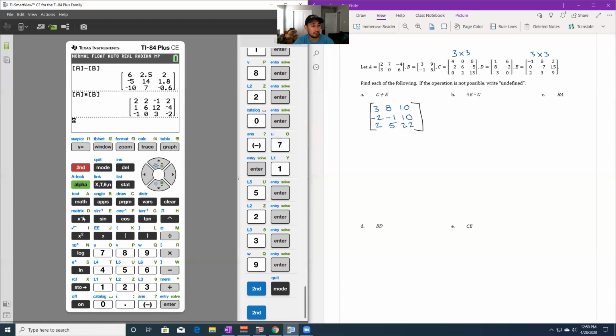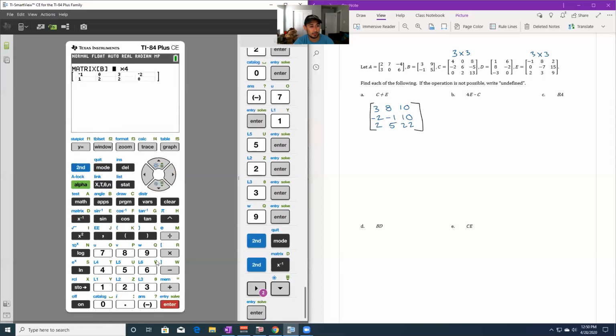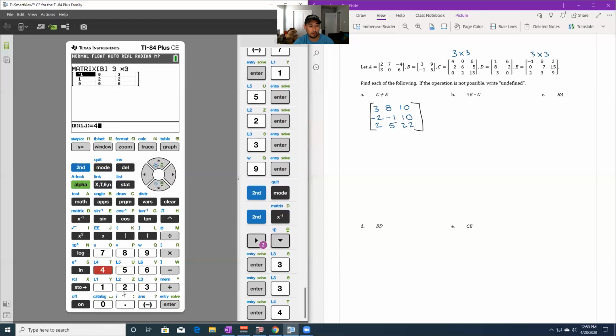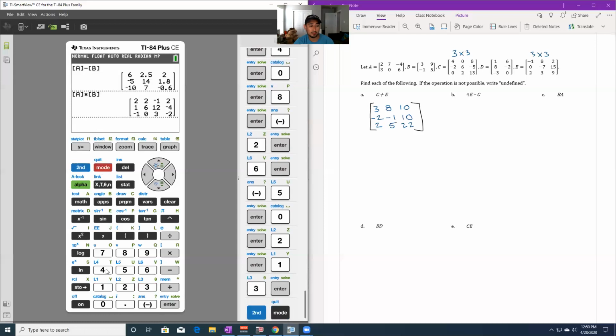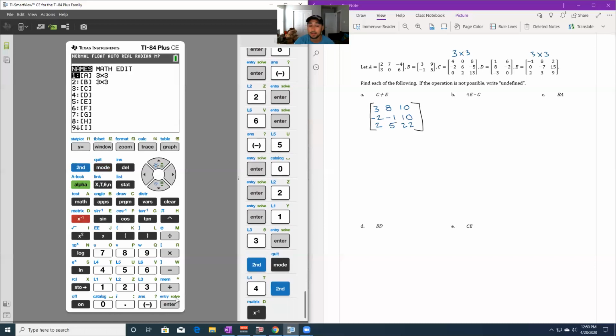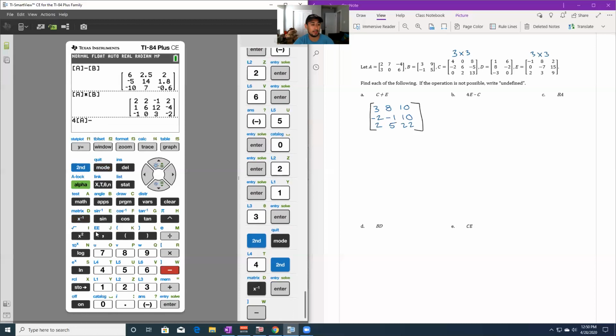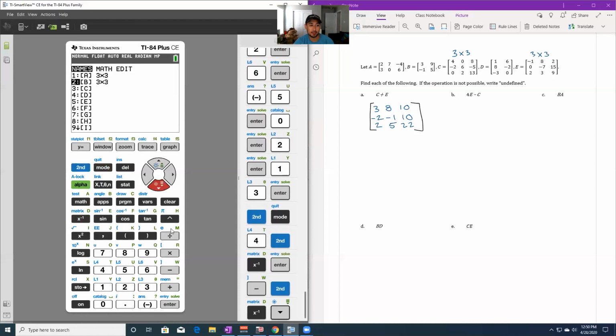Second quit, second matrix, edit the next one, which is also a 3 by 3, which is 4, 0, 8, negative 2, 6, negative 5, 0, 2, 13. All right, second quit, and I'm going to say 4 times matrix E, which is my matrix A, minus matrix C, which is my matrix B.